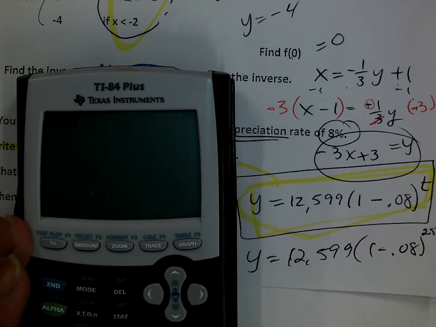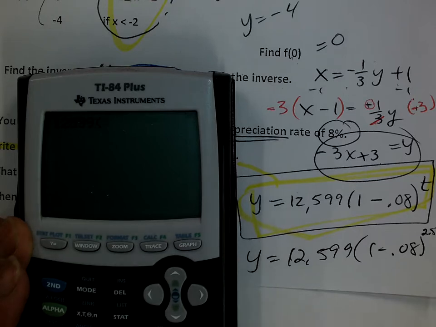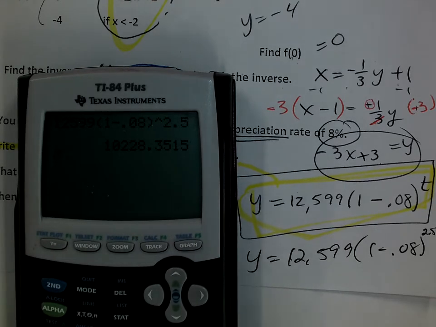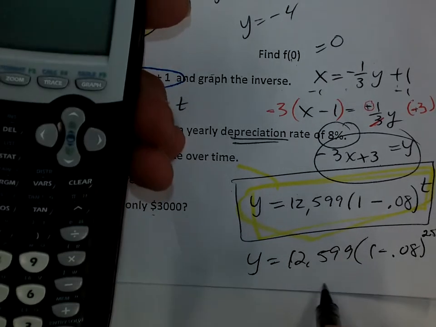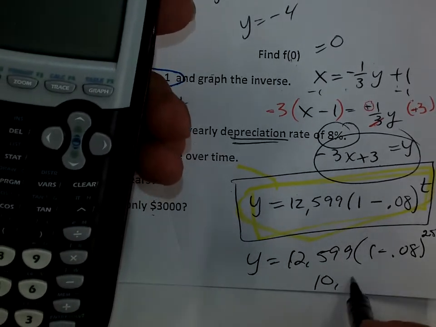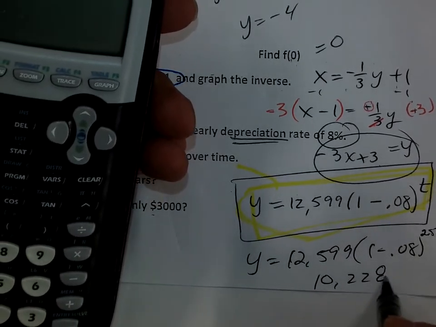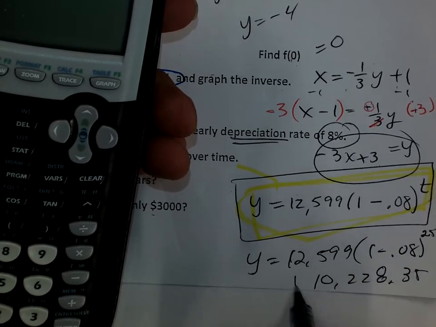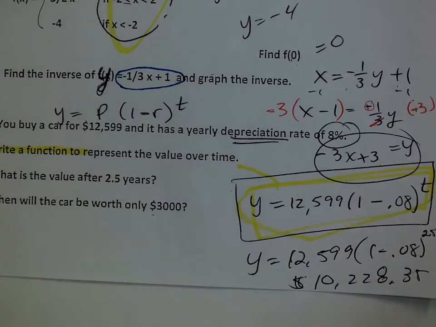I'm going to go 12,599, parentheses 1, subtract 0.08, to the power of 2.5, and I get an answer of about $10,228.35. Okay.